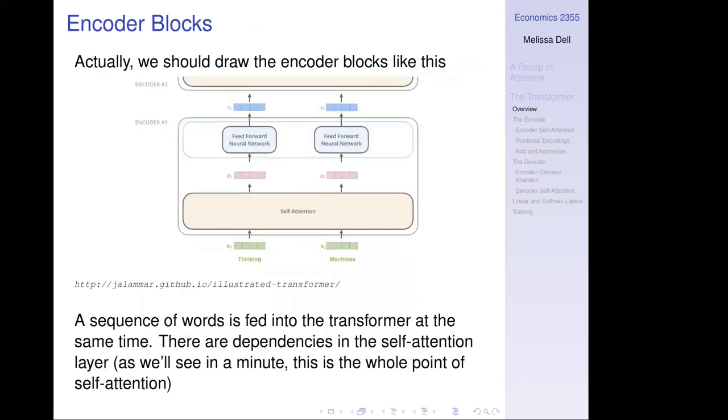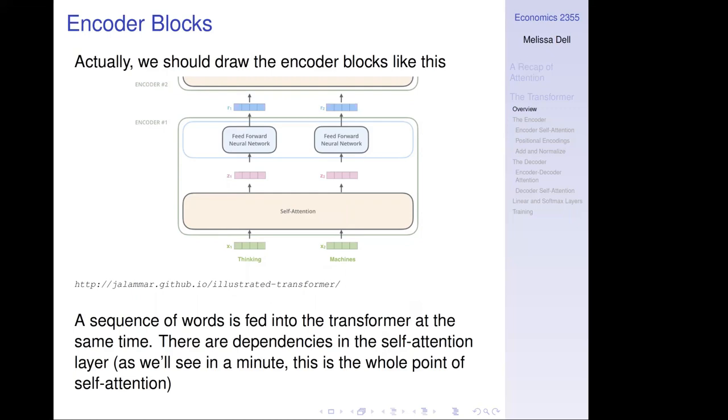And actually we should draw the encoder blocks like this. In this example, we're just taking a sequence of 2 words, so it's easy to show in a picture. And we look up the embeddings for those words in a lookup table, just like we saw before, and that table itself is full of estimated parameters. And we feed those into the self-attention layer. And, as we'll see in a minute, the whole point of self-attention is that there are dependencies.